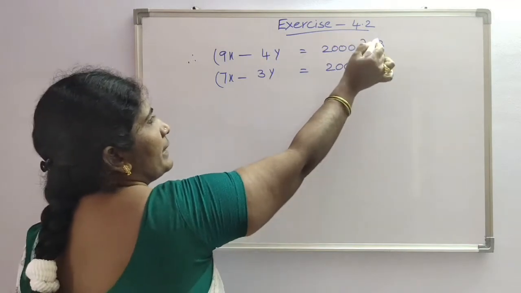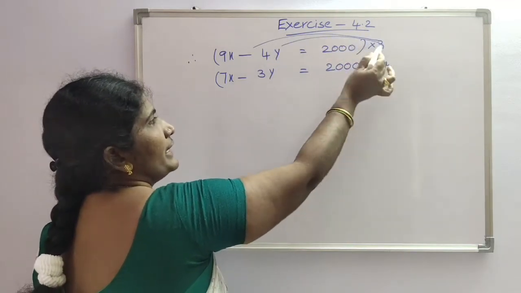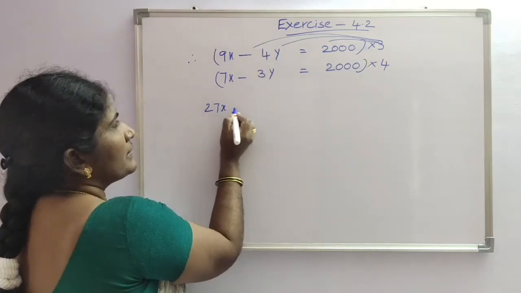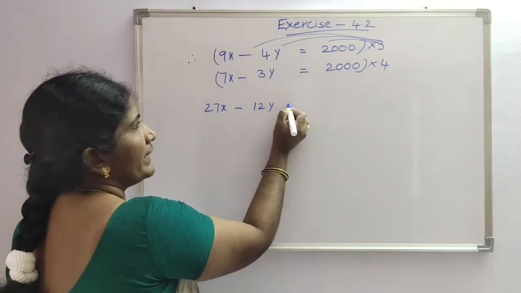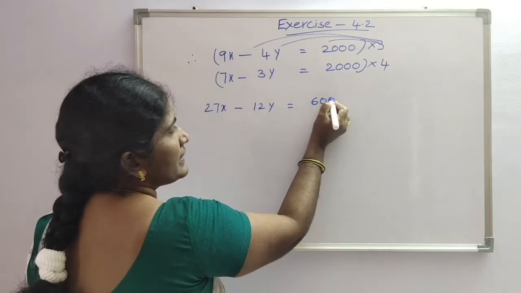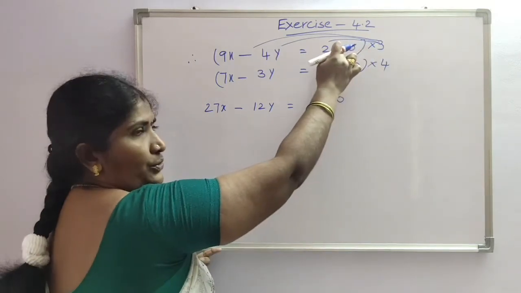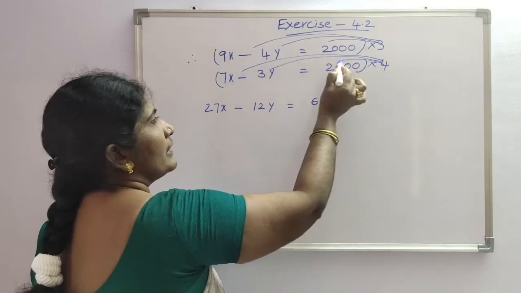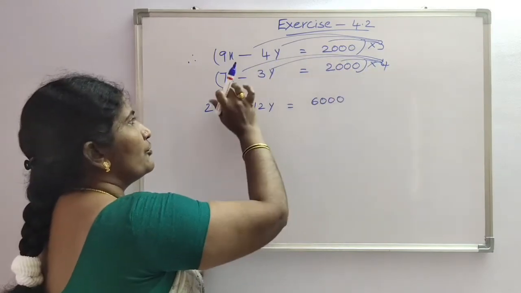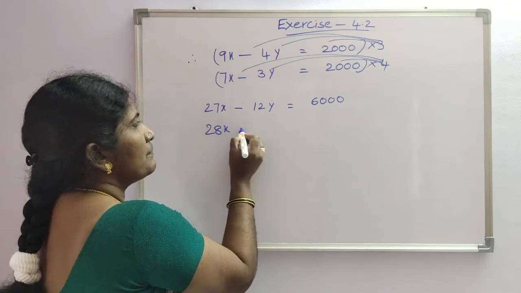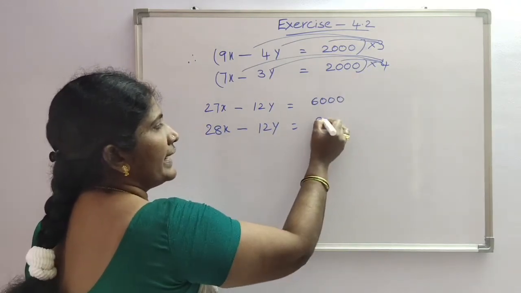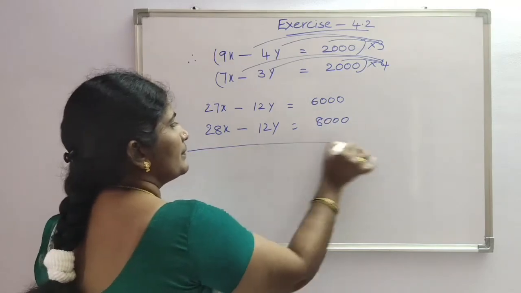Now the first equation becomes: multiply each and every term with 3. 3 9s are 27x minus 3 4s are 12y, equals 3 into 2000, that is 6000. Now multiply with 4: 4 7s are 28x minus 4 3s are 12y, equals 4 2s are 8, 8000.